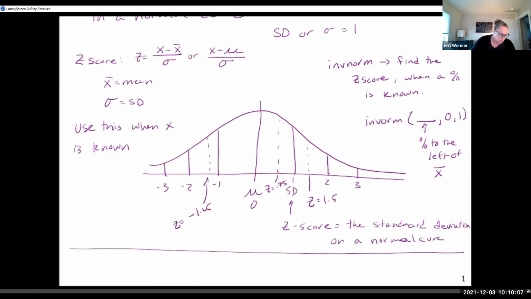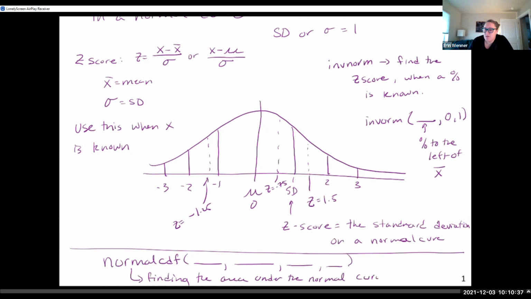Another formula that we used was normal CDF. When we put that in our calculator, there are pieces that we put in. The normal CDF has to do with finding the area under the normal curve, and with this, we have to find z-scores in order to use this application.